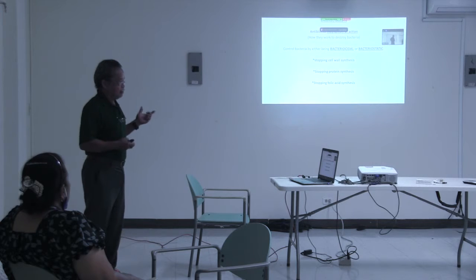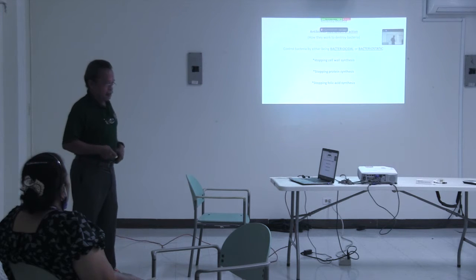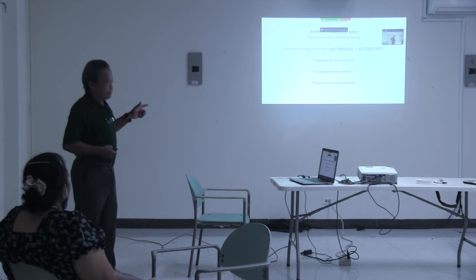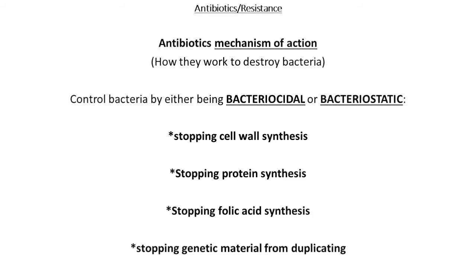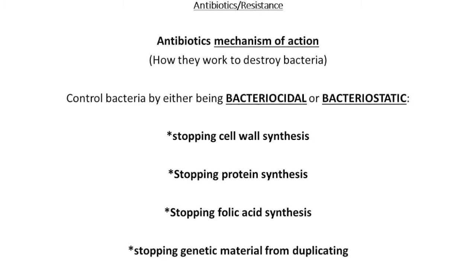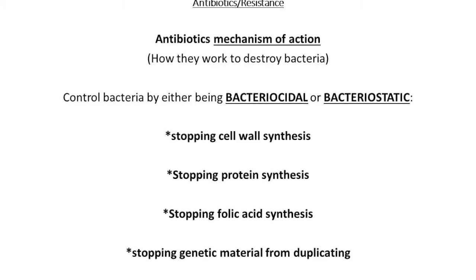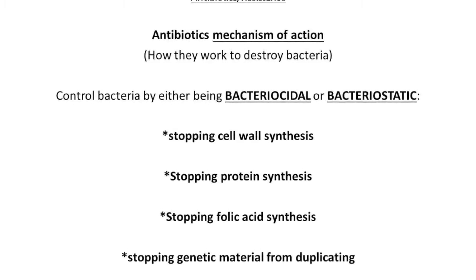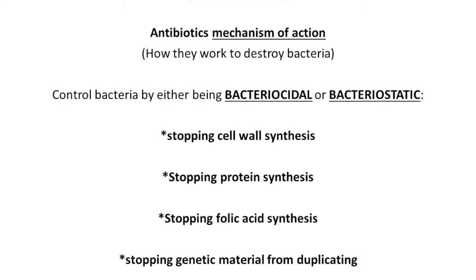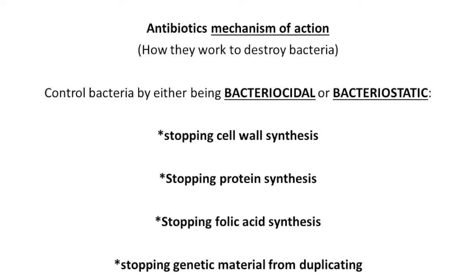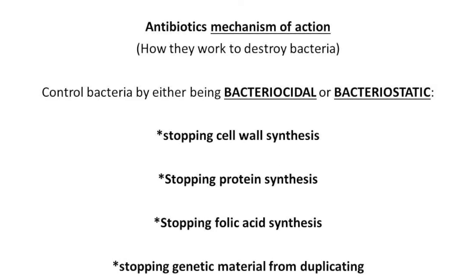Folic acid is a very important molecule for bacteria and also for us, but bacteria cannot ingest it; they have to make it themselves in their cytoplasm. We get folic acid from our food, from medications, from other sources. And stopping the genetic materials, DNA and RNA, from forming. These are the ways our antibiotics work.